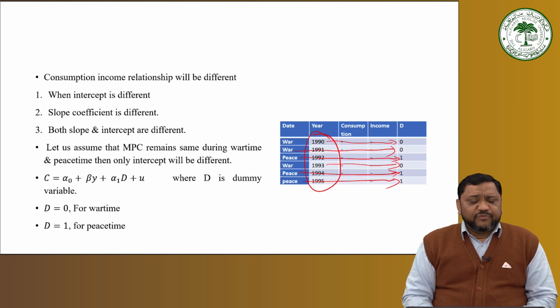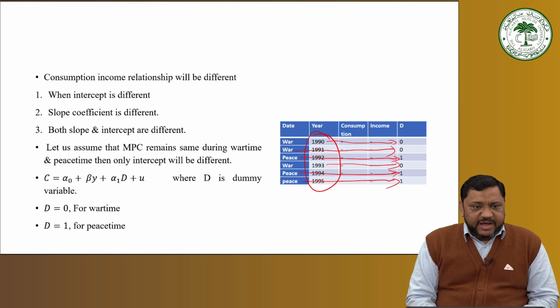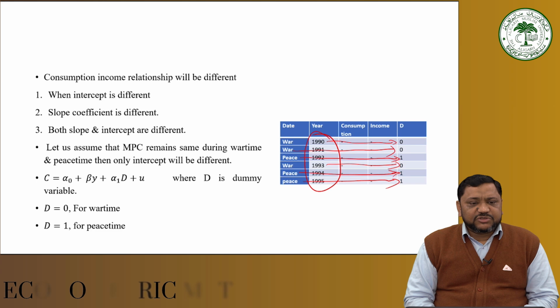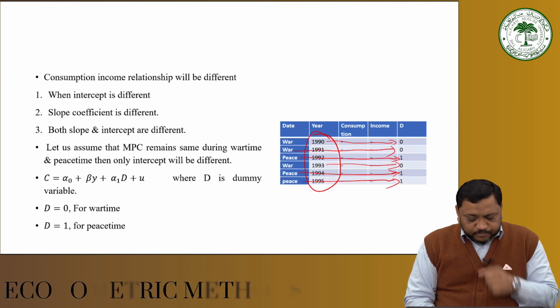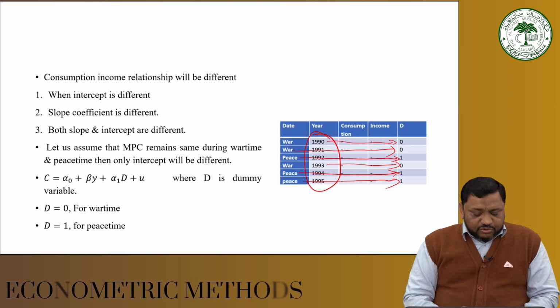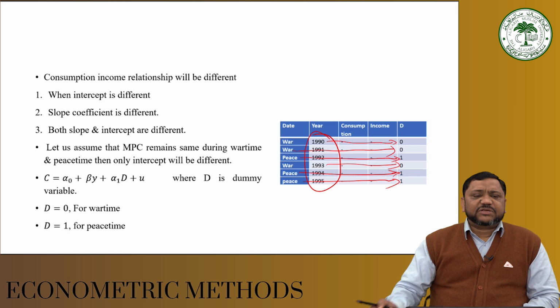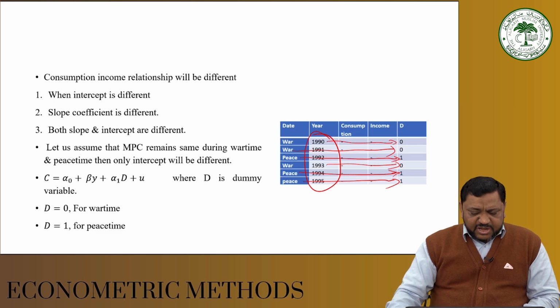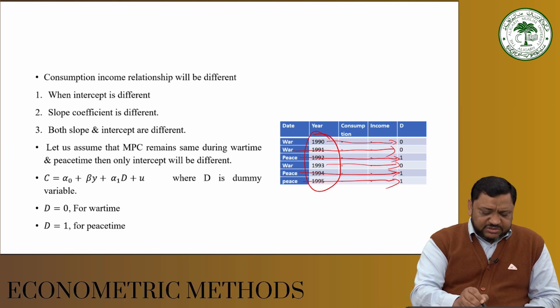So in this case we can have all three cases: the intercept is different, the slope coefficient is different, or both the intercept and the slope are different. Now D is equal to 0 for wartime and D is equal to 1 for peacetime. Let us take each one of these three cases.